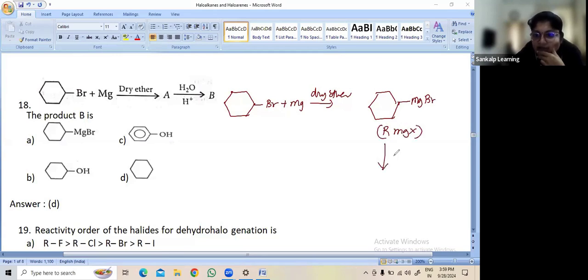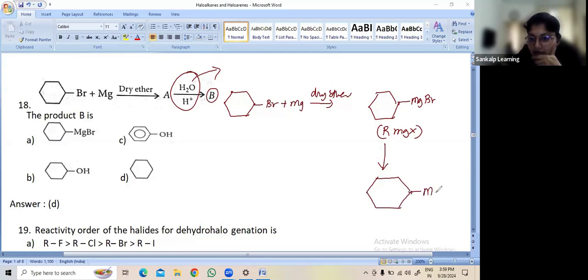Now further it is undergoing acid hydrolysis. They have written it directly, but what is the step involved here? RMgBr, OH. So this is your addition reaction.